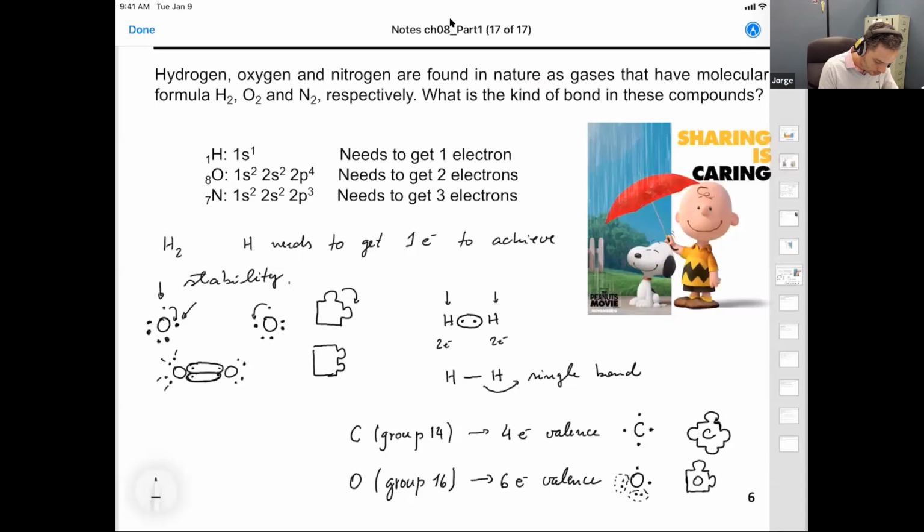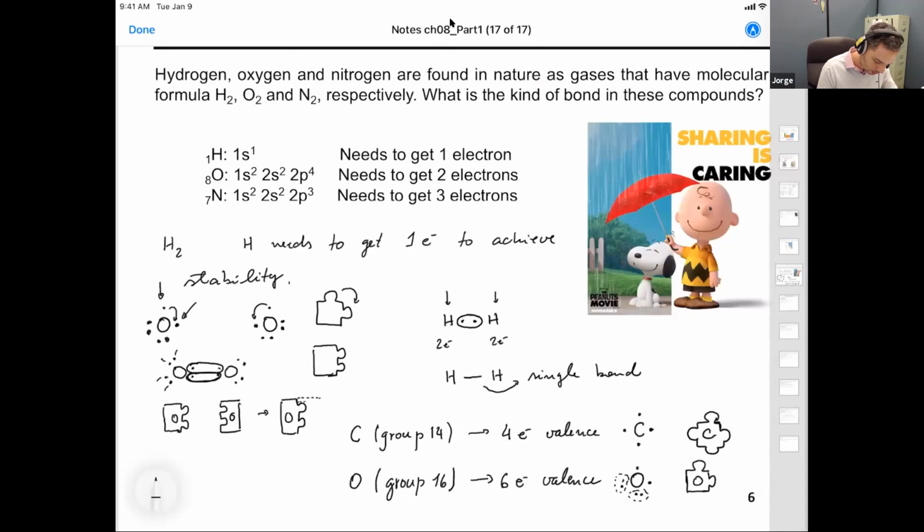And we circle them. So imagine here that we have a double slot in this puzzle and also a double slot in the other puzzle. And when they combine, the pieces will fit perfectly together.